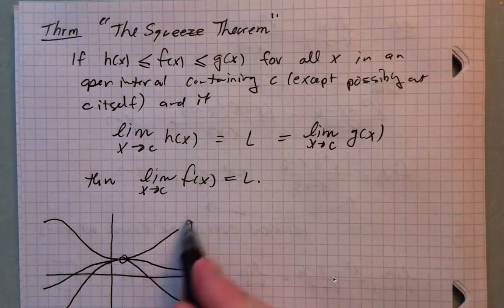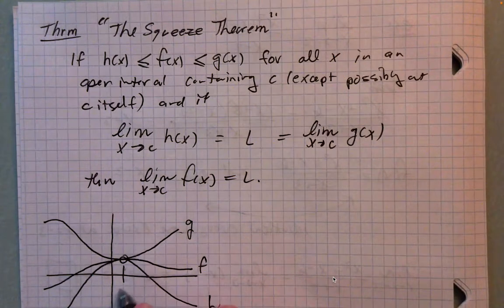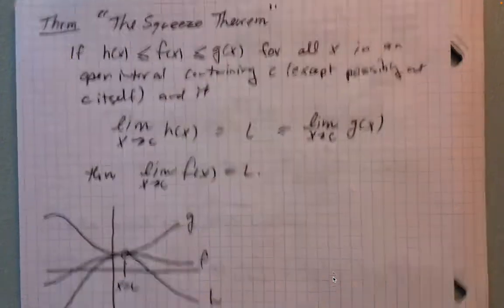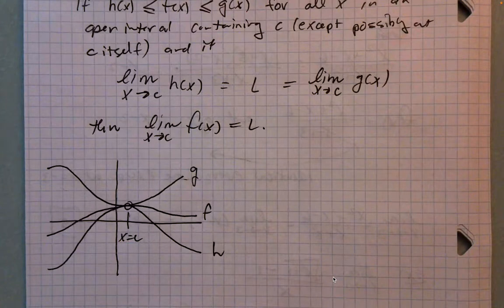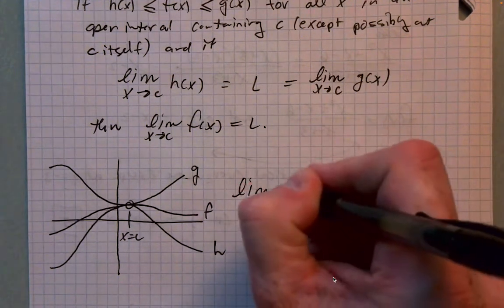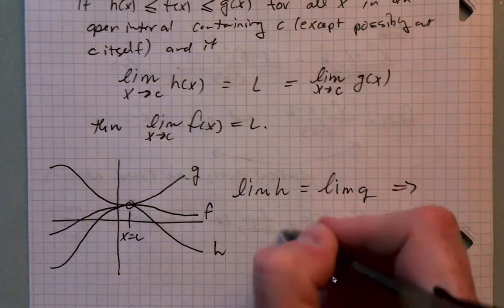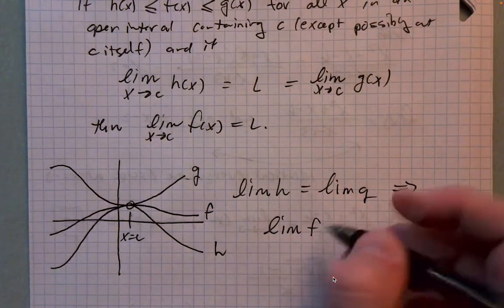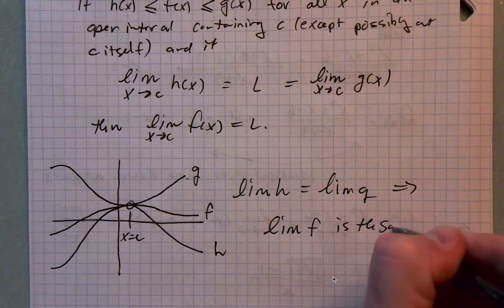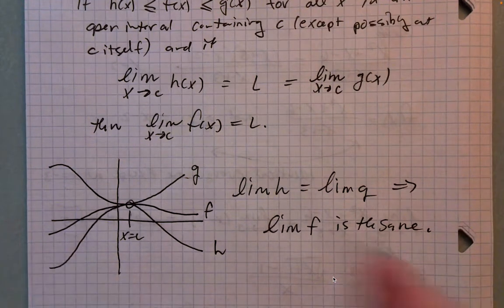Well, if h and g both have a limit there and f is guaranteed to be between those two values, well then it has to have the same limit, right? So if the limit of h equals the limit of g, then the limit of f is the same, basically.